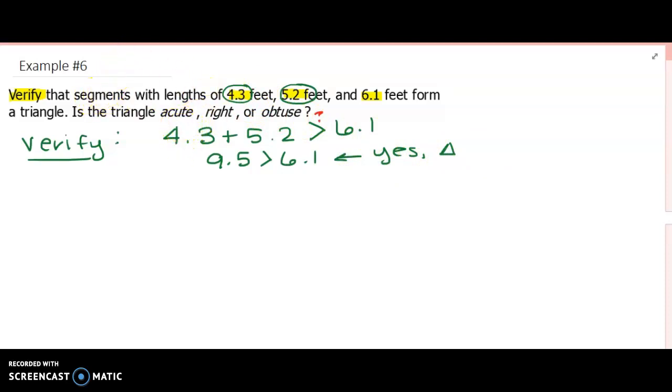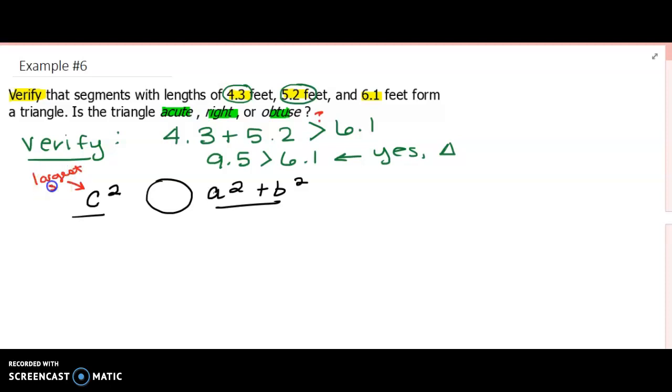Now we need to find whether it's acute, right, or obtuse. So the process is the same. I'm always going to find my c squared, and then I'm going to compare it to my a squared plus b squared, and find the symbol that goes here. My c squared, remember, is always the largest of the three sides, so in this case, it'd be 6.1. So I'm going to say 6.1 squared. And my a squared plus b squared is 4.3 squared plus 5.2 squared.